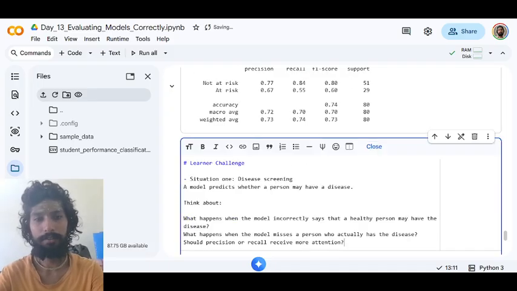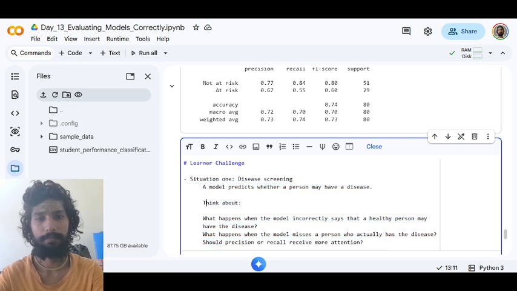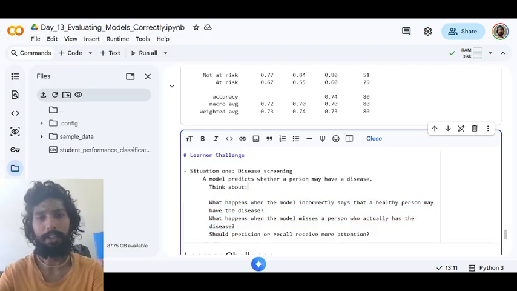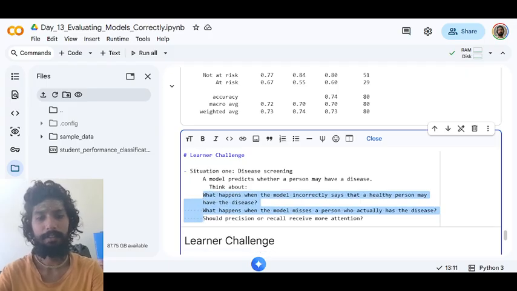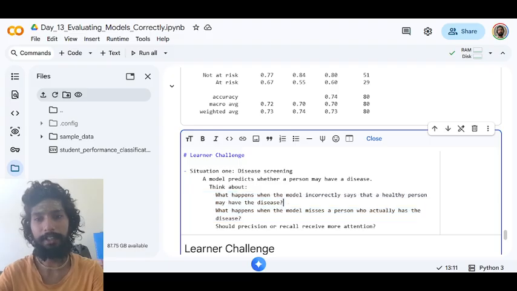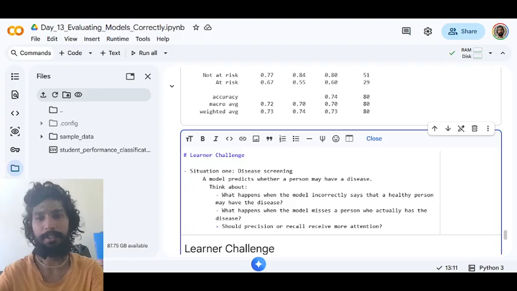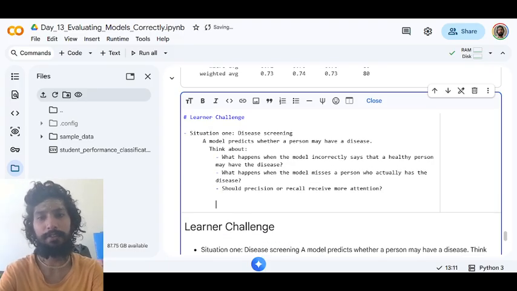Think about what happens when the model incorrectly says that a healthy person may have a disease. Second, what happens when the model misses a person who actually has a disease. And third, should precision or recall receive more attention based on the above two answers?